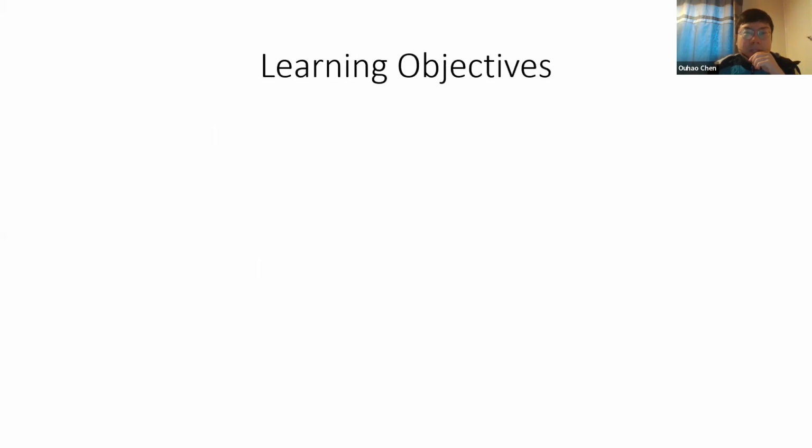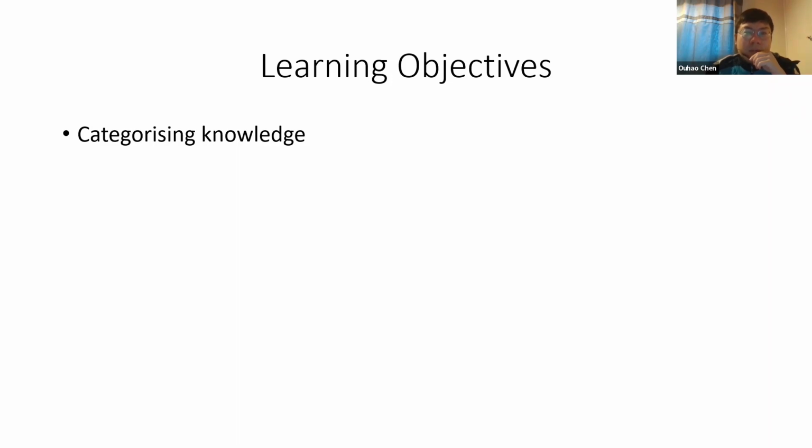So, the learning objectives for this week. At the beginning, I want to introduce some theoretical parts of cognitive load theory. I think most of you may be math teachers in the future. So have you ever thought about how to categorize knowledge?